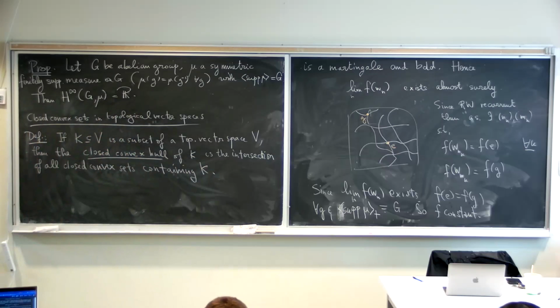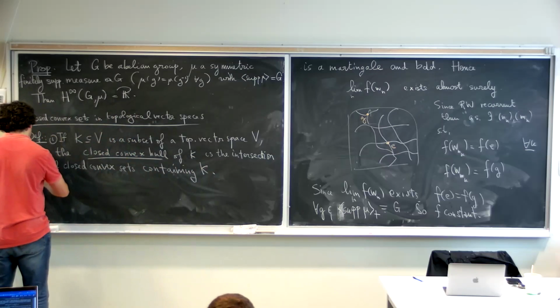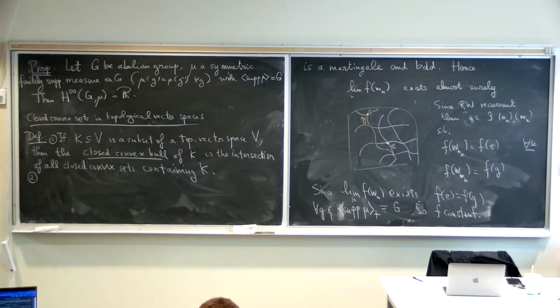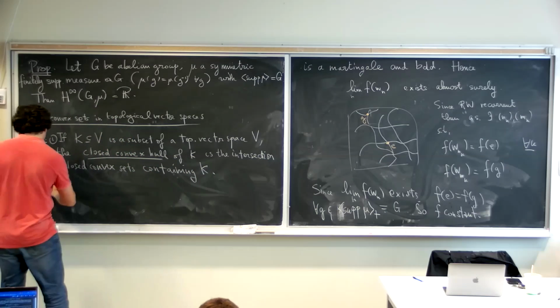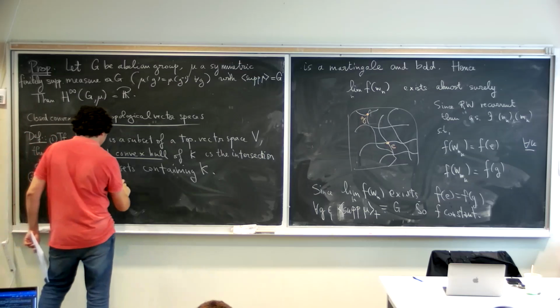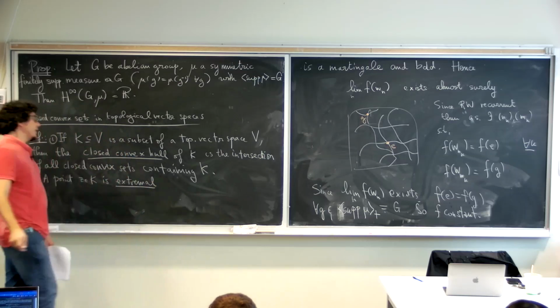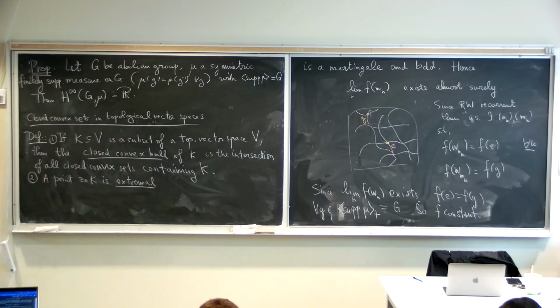The other definition is that a point z in K is extremal if it cannot be written as a convex combination of two other points.